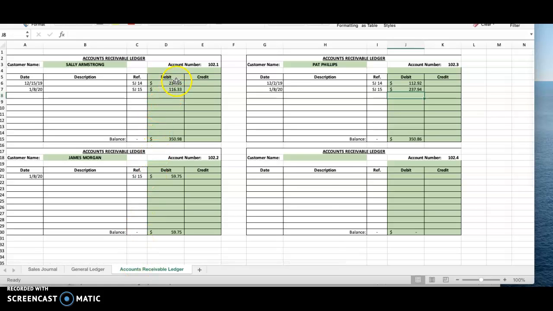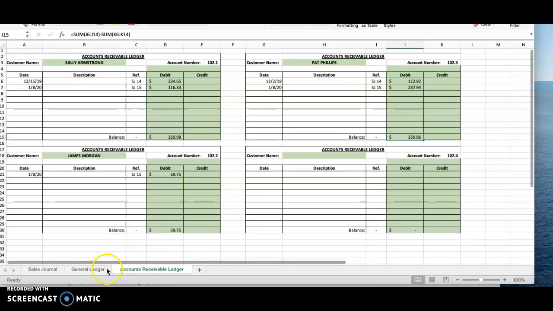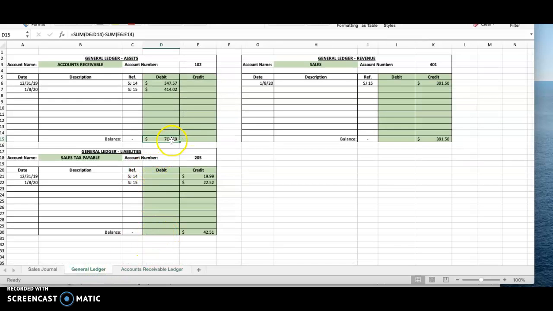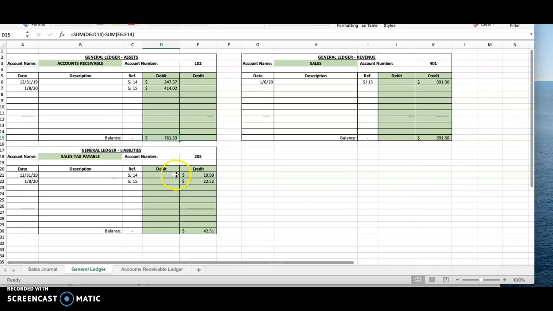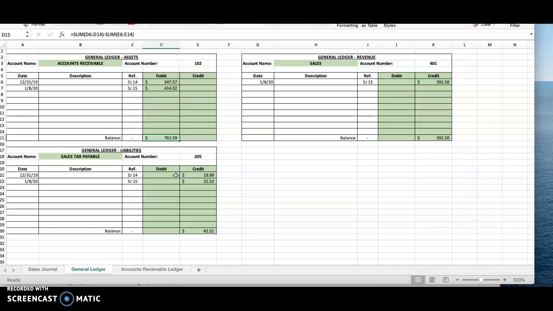If we add up all these numbers, not only what Sally owed us at the beginning as of 12/15/19, but her final balance, James Morgan's balance, and Pat Phillips' balance, all those customers' accounts ought to add up to the balance in the general ledger account. This will show us how much people owe us in total. The accounts receivable ledger will show us how much individual people owe to us. Later on, we'll see how this shows up on financial statements.